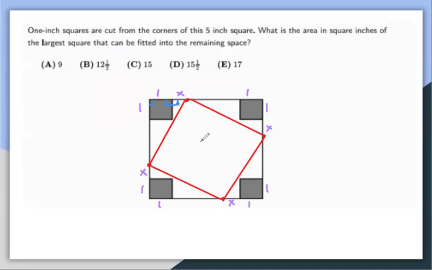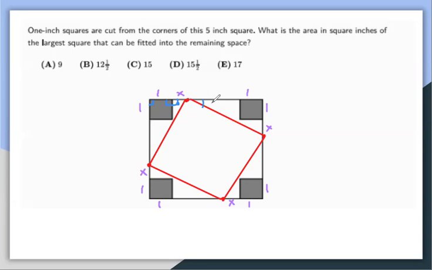Because when you have 90s, that means we have a lot of similar triangles in most cases. But in this case, why do I care about similar triangles? Because I want to find the area of this figure, which we do not know yet is a square, but we'll see why this is the case.